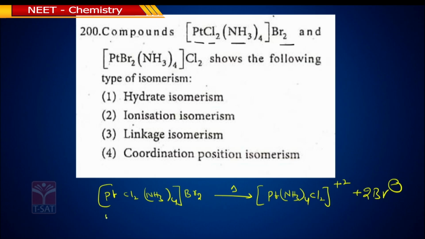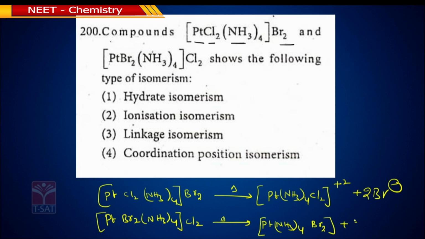And the other compound is Pt with Br2 inside, NH3 taken 4 as it is, and this time Cl2 outside. If you ionize it, you will get [Pt(NH3)4Br2] with +2, and 2Cl minus outside.